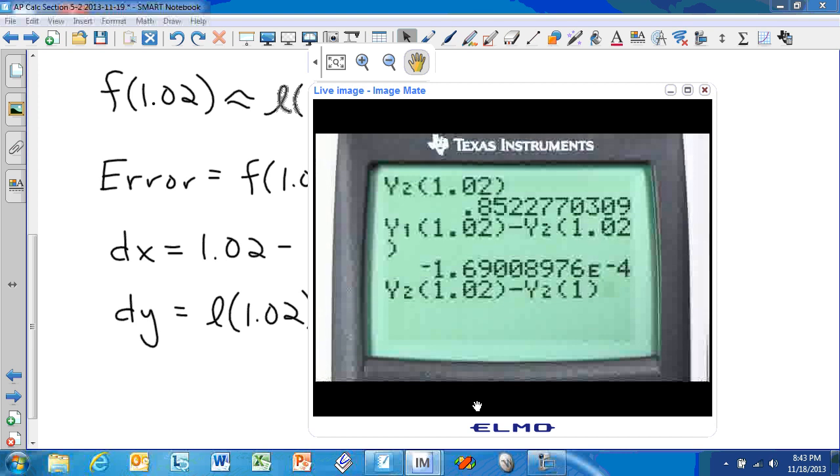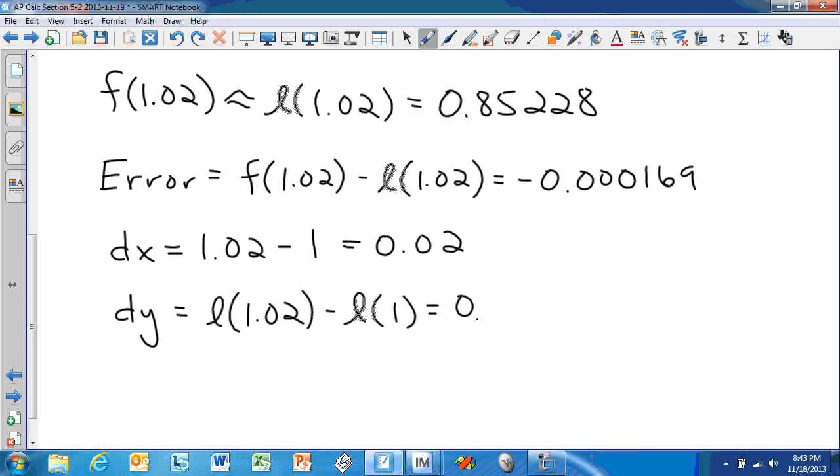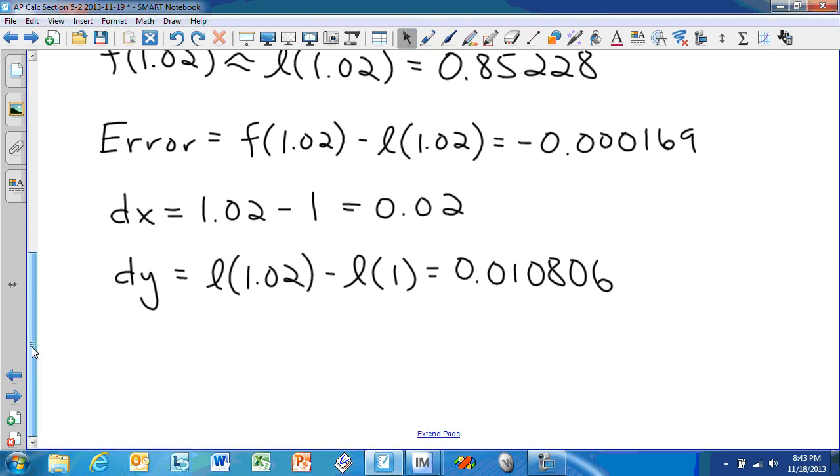So there we go. And we get a very small change in y here for us. So it's 0.01. I'm going to use several decimal places here again: 0.010806. Just because our value for delta y is going to be really small as well, we'll see.